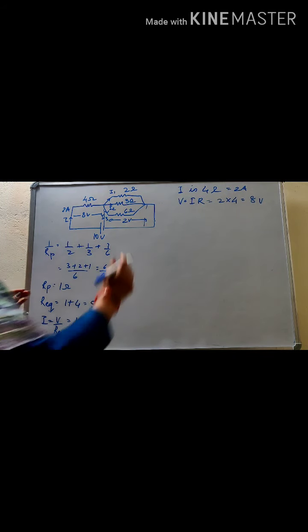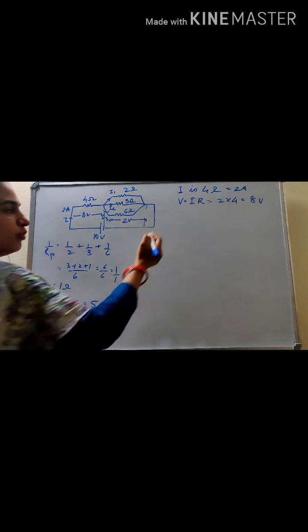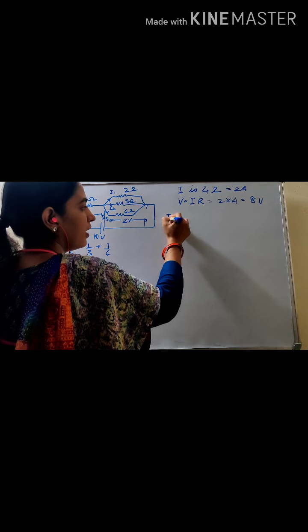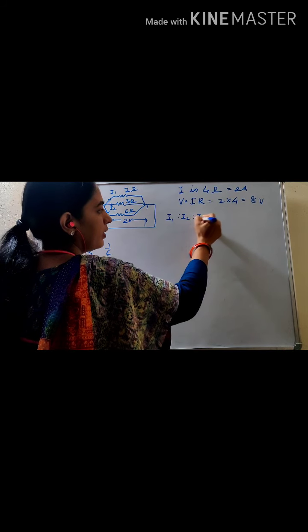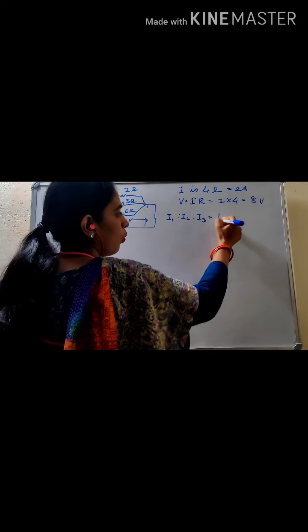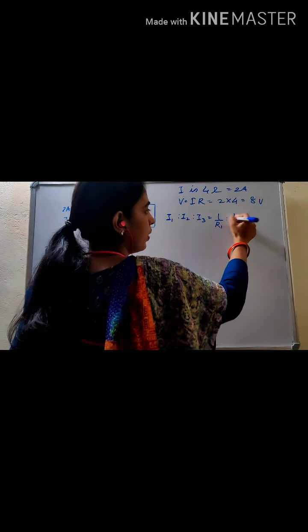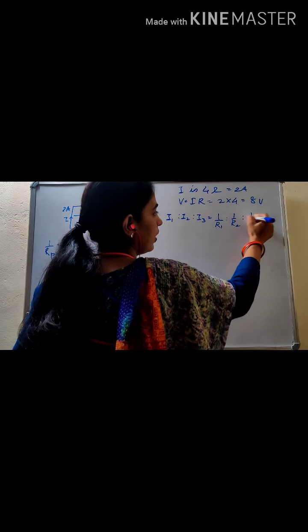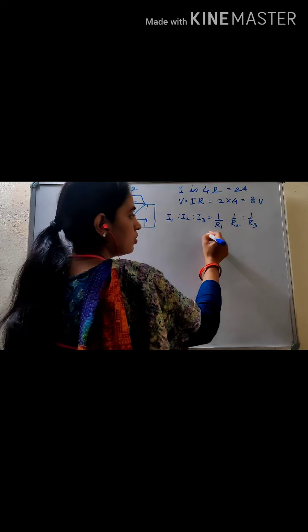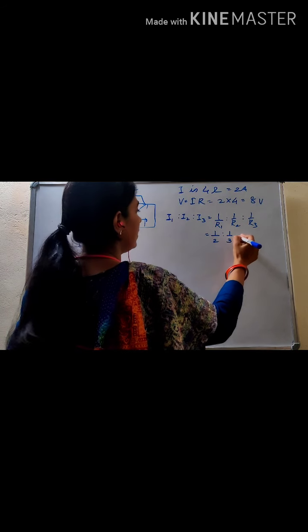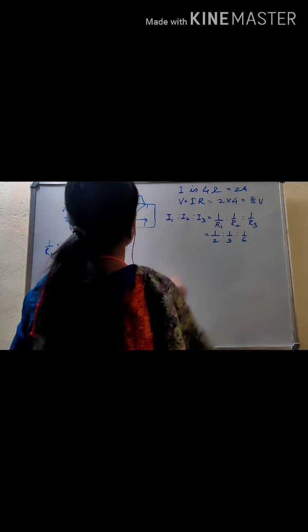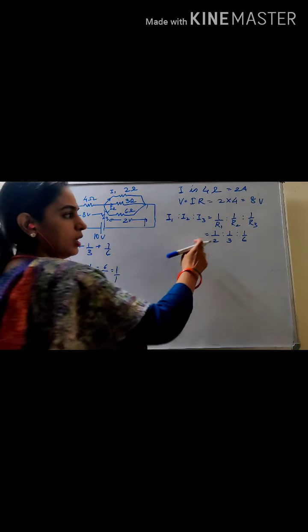So now we know the formula that I1 is to I2 is to I3 is equal to 1 upon R1 is to 1 upon R2 is to 1 upon R3. Okay, so that is 1 by 2 is to 1 by 3 is to 1 by 6. Right?